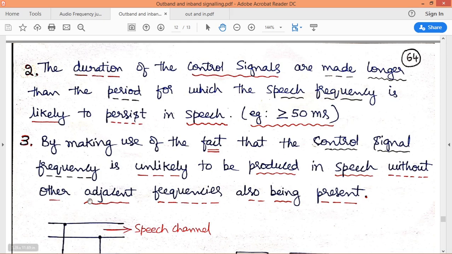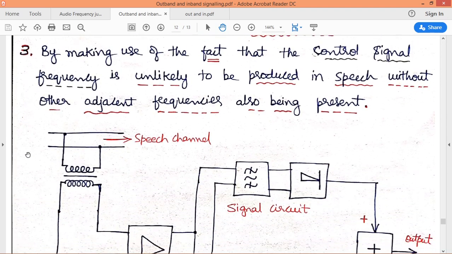Of course, we will find adjacent frequencies in speech signal. So that fact is being utilized to understand whether it is control signal or a speech signal, or in order to minimize signal imitation.